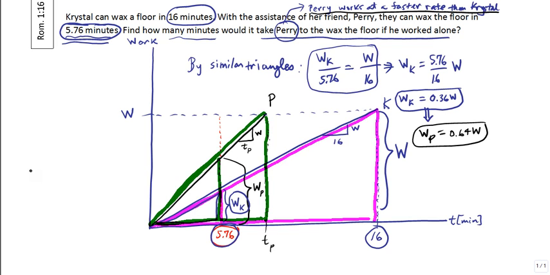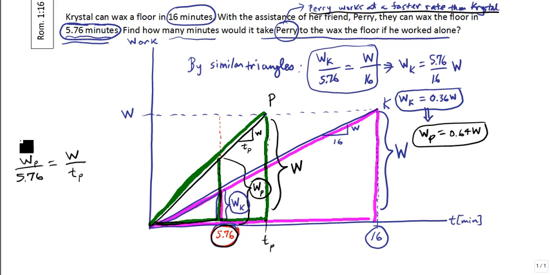So in the first case, we have W sub P, which is this amount, is to the base of 5.76, which is this amount, and that has to equal this amount, which is W, is to the base, which is T sub P, and we don't know what T sub P is. That's what we're trying to determine.